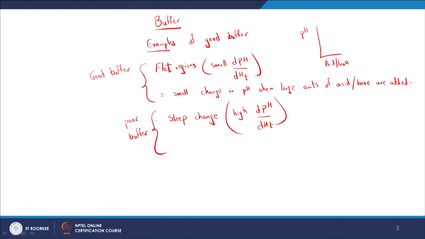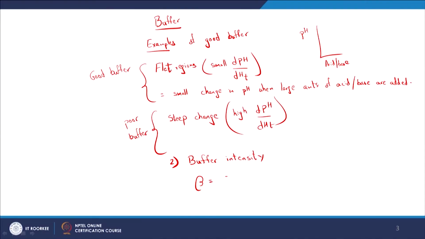Now we are going to look at a new term called the buffer intensity. Beta is what we are going to use. How can you define and quantify that? We are trying to bring a relationship with the change in pH whenever H total is added.